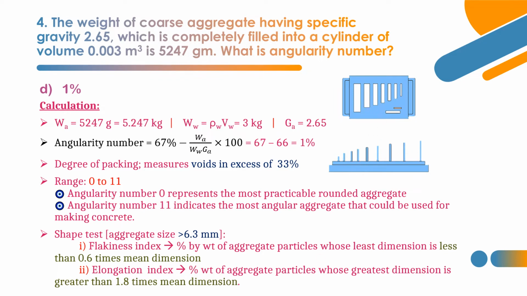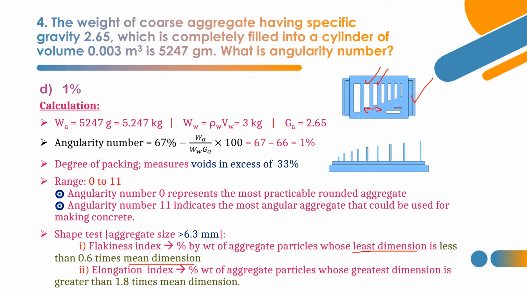If we are using this slot and this slot, the average size between them has to be taken as the mean dimension, and if 0.6 times that mean dimension is greater than the least dimension, or the least dimension is less than 0.6 times the mean dimension, then that aggregate particle will be called flaky. If it is more, then that aggregate is not flaky. I hope you understand that point. Flakiness index means percentage by weight of aggregate particles whose least dimension is less than 0.6 times mean dimension.